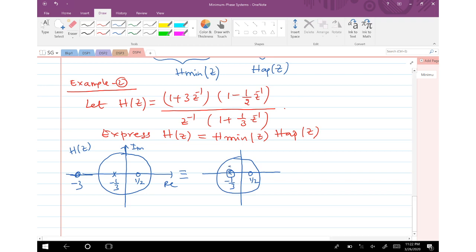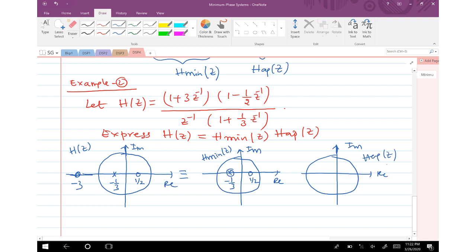Okay, I don't want to put a cross mark there because that again means as if it's a pole. But all I would say is, there won't be anything here essentially. Okay, this is your H min of z. And then what about the all pass filter? The real part, imaginary part, all pass filter, right?